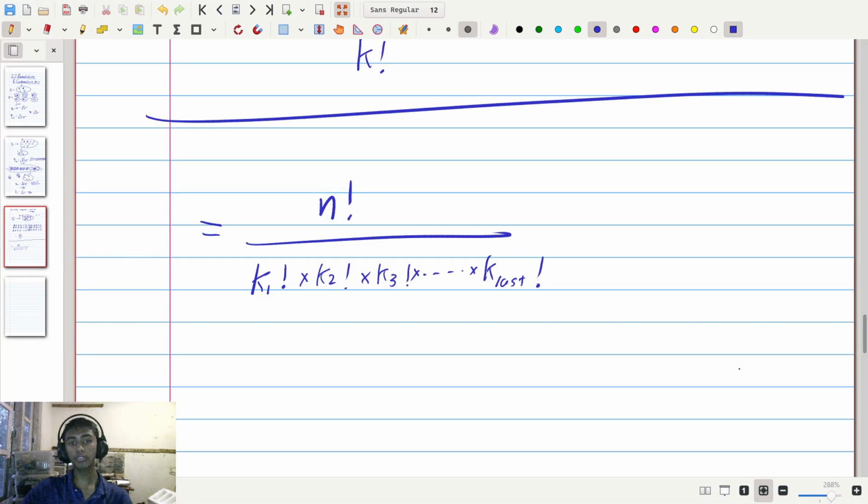So for most sets, most of these K's will be equal to 1, and because of that, most of the stuff on the denominator will be 1 factorials, which is just 1, so they can be removed. The rest of them will be all the genuine duplicates, as in where there's more than one of that given element, which will be divided correctly.